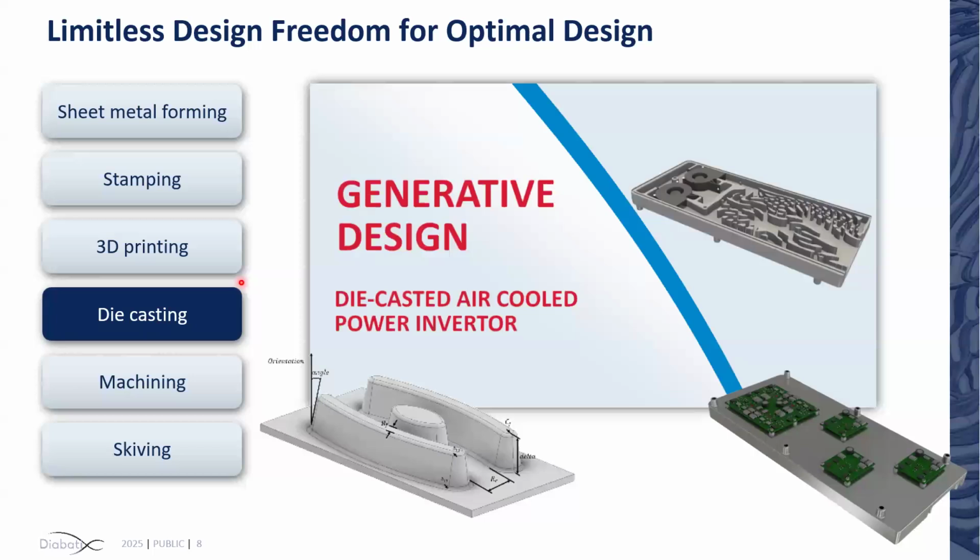By doing that, we also address other sectors, like automobile, where manufacturing a component in large quantity is very important while still getting thermal efficiency. In that case, low batch manufacturing with 3D printing may not be ideally suited, but die casting or sheet metal forming could be an ideal candidate.